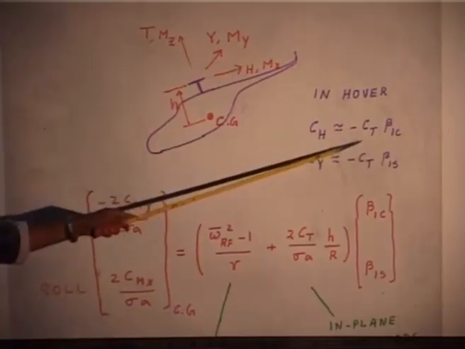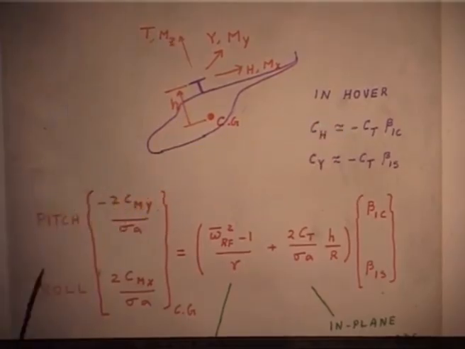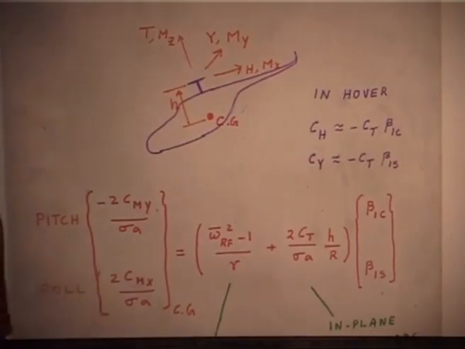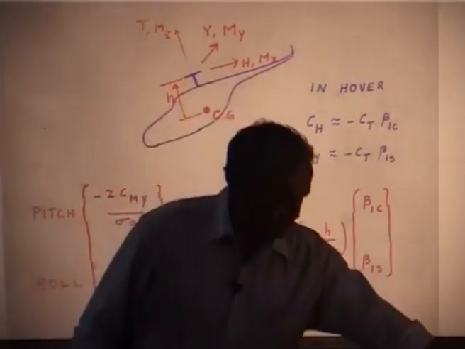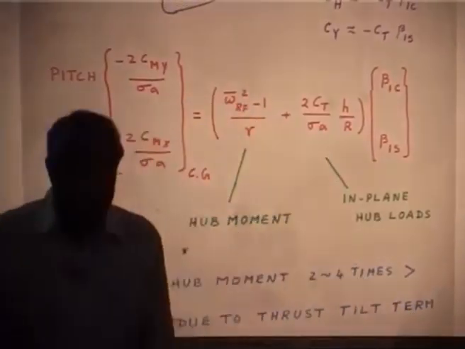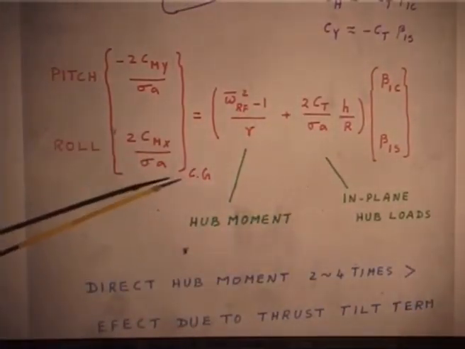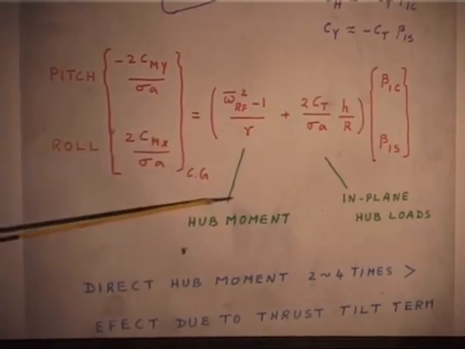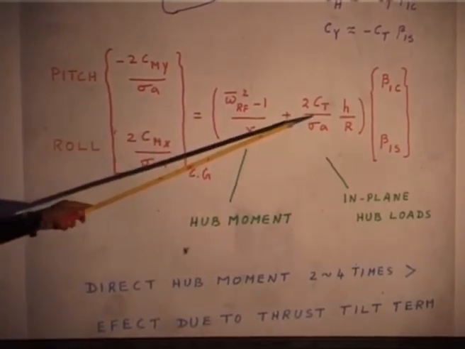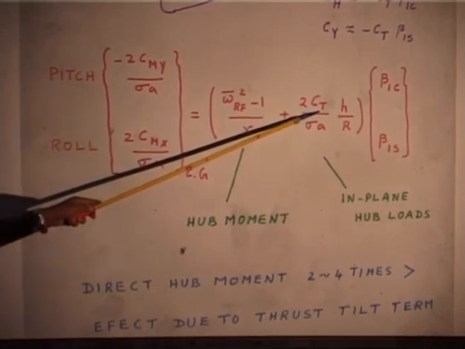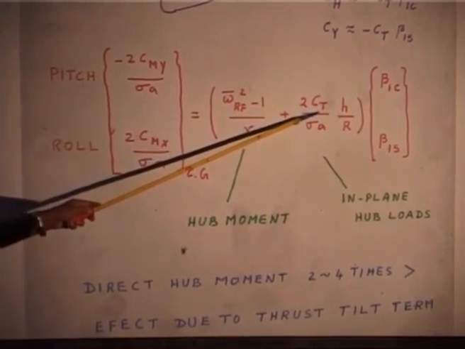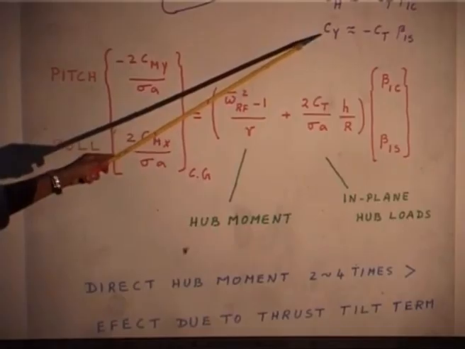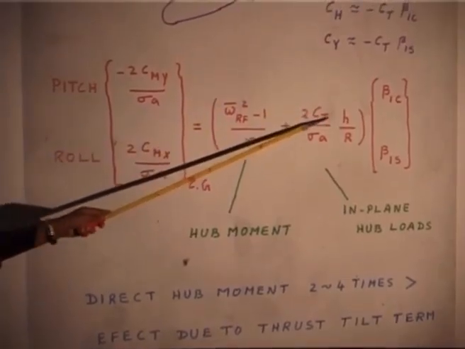Now, if you use these expressions and then calculate the net moment at the CG, please understand, net moment at CG, one is hub moment, another one is due to thrust, because you see that H and Y are converted in terms of CG.